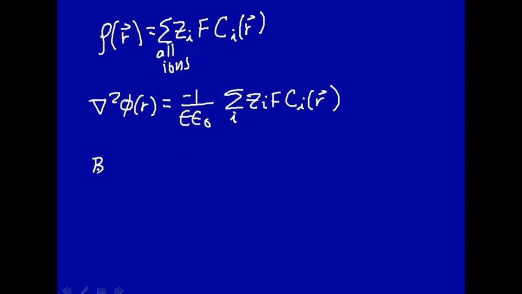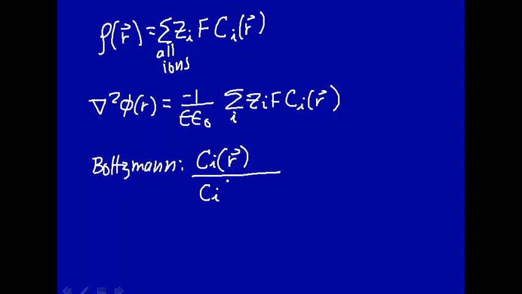We're going to use what's known as the Boltzmann distribution. We had one example of this already, and we'll learn more about this when we talk about statistical thermodynamics later on. So the Boltzmann distribution says the concentration of ion at some particular distance away from the surface divided by the concentration of the ion at a very far distance, as r goes to infinity, a very far distance away from the charged surface, is e to the minus the energy of that ion divided by RT.